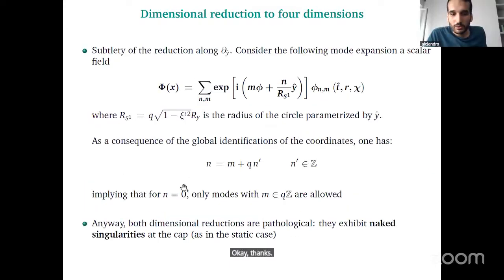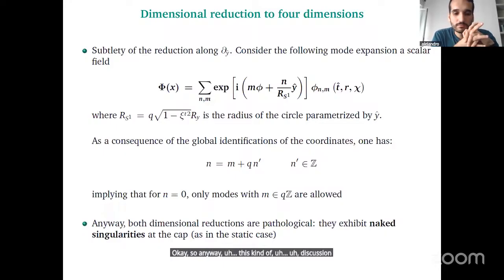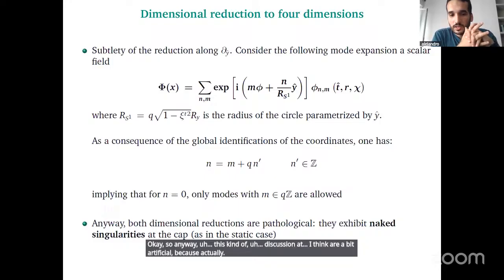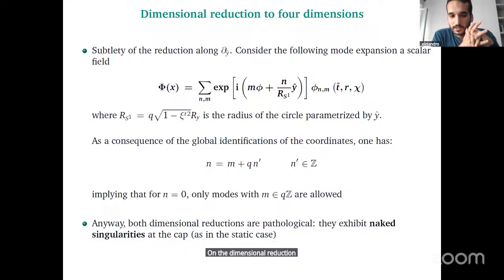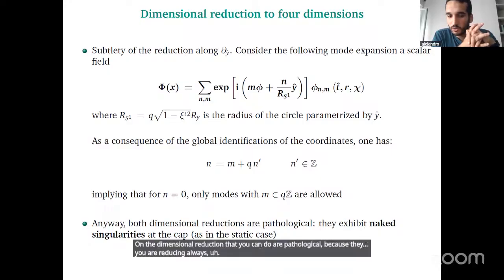Okay, so anyway, this kind of discussion, I think, is a bit artificial, because actually all the dimensional reductions that you can do are pathological, because you are always reducing along isometries that have a non-trivial fixed locus.